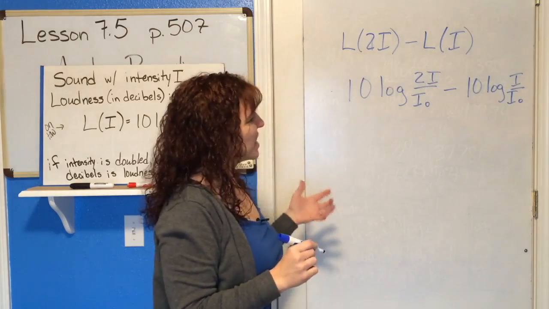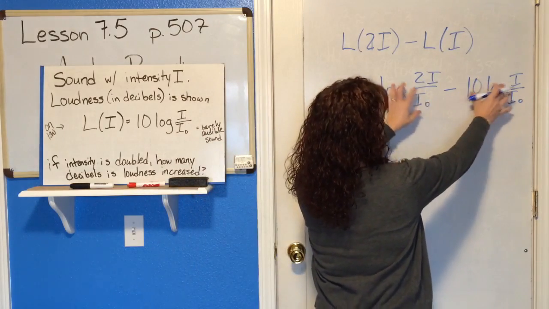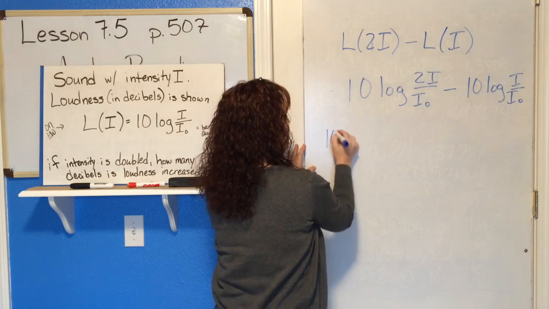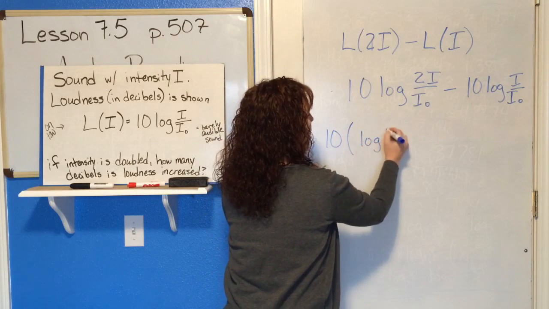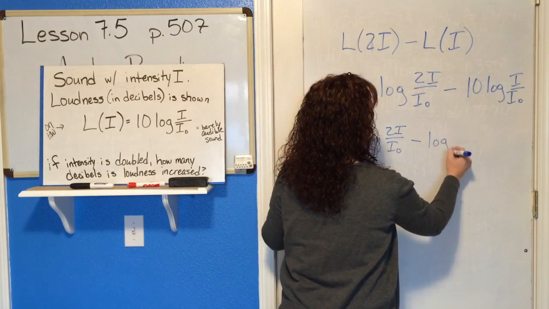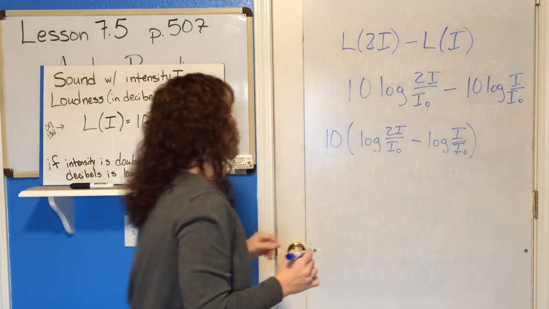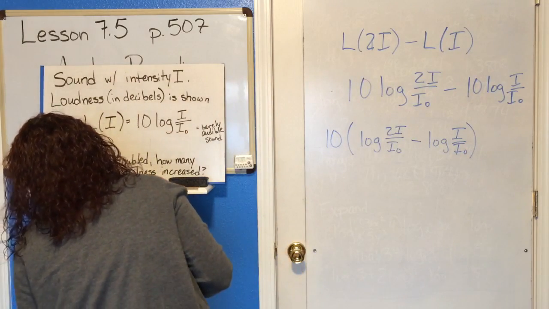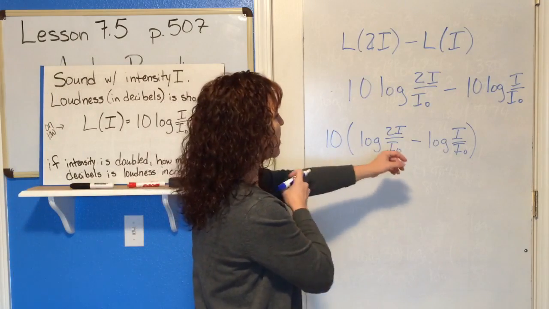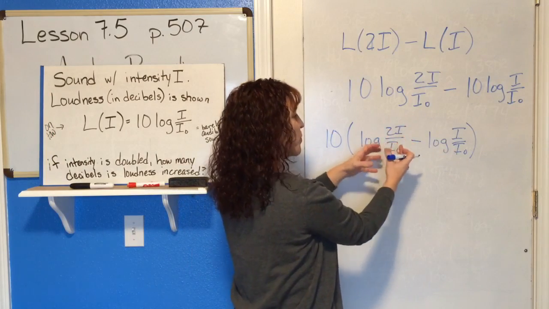Now, this is all complex and confusing. Let's simplify it. Look, both of these are multiplied by 10, so let's take that 10 out. So 10 times log 2I minus log of I. This is 2 times something, remember we can pull it out.